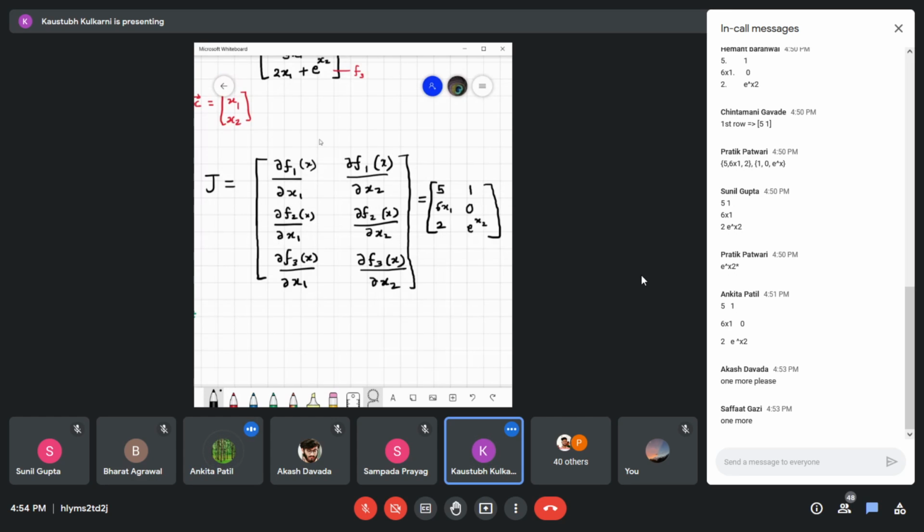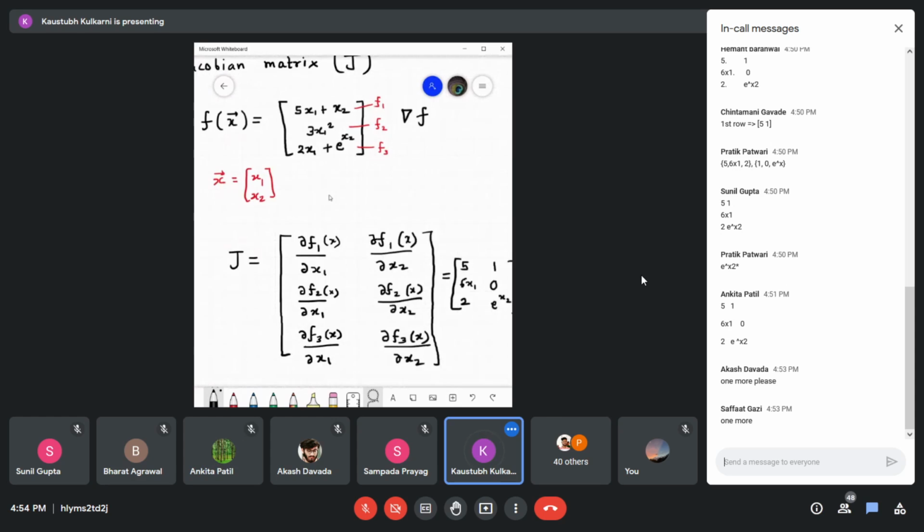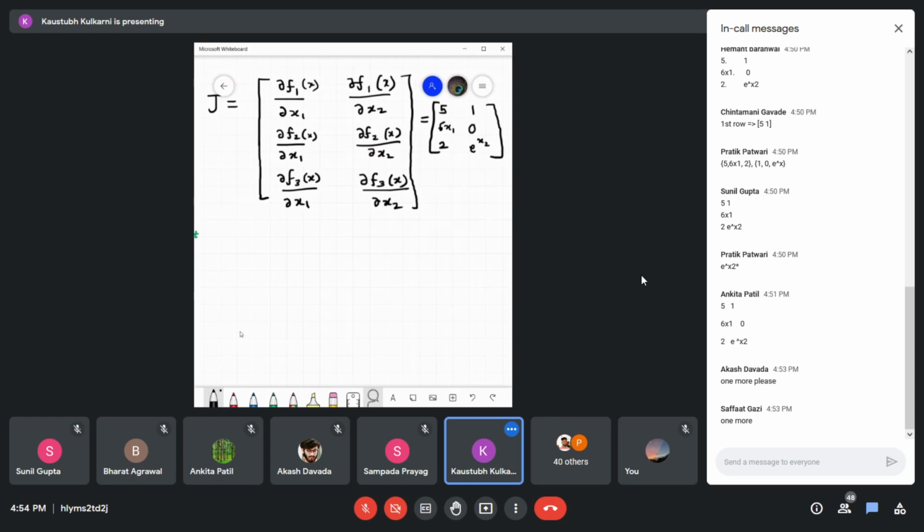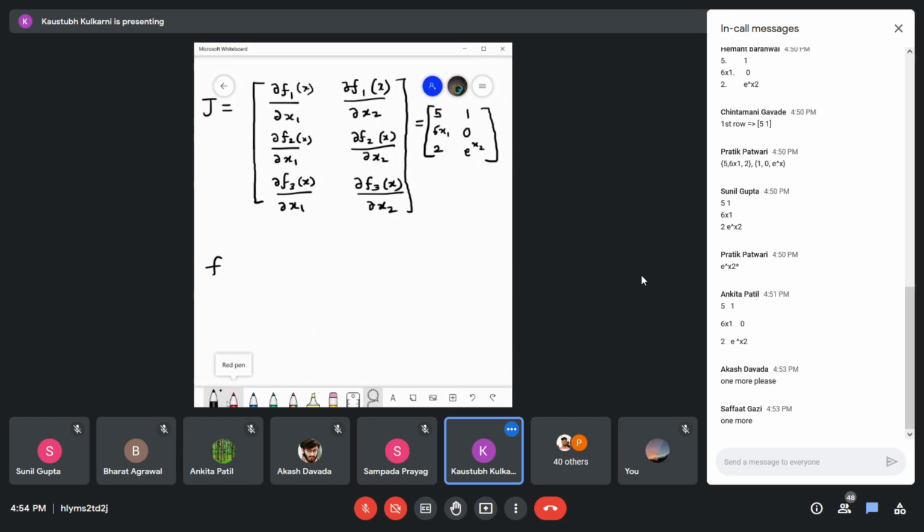Basically, you can have any functions here. So f(x) is, let's try to do 2 by 3 in this now. Two components and three variables.